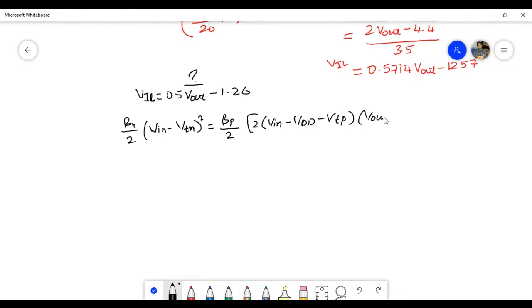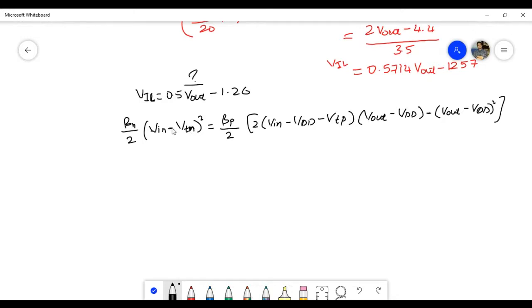Then V out minus VDD minus V out minus VDD square. Just here you have a trick, okay?